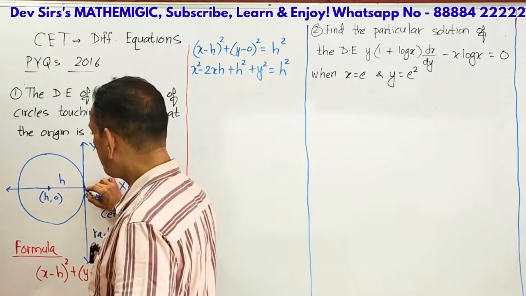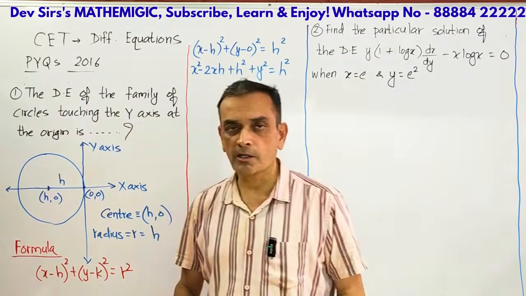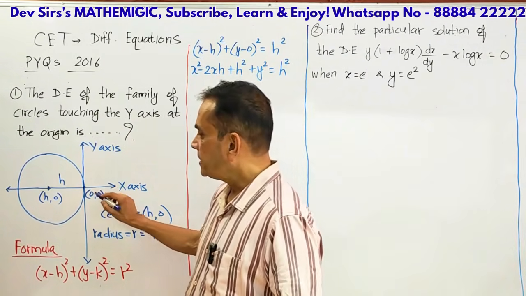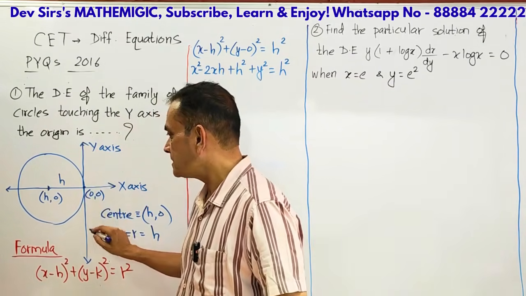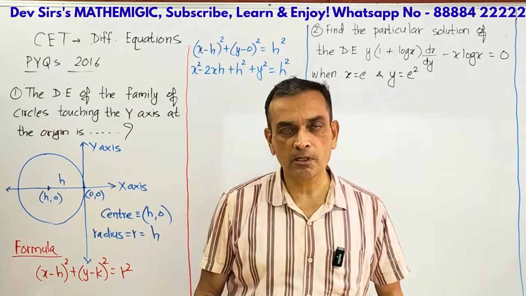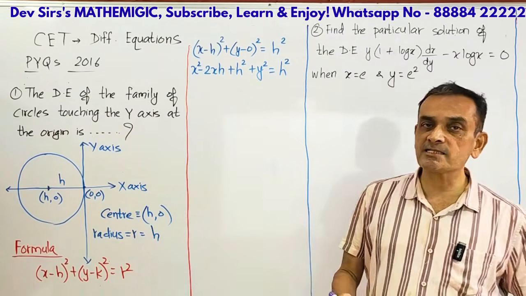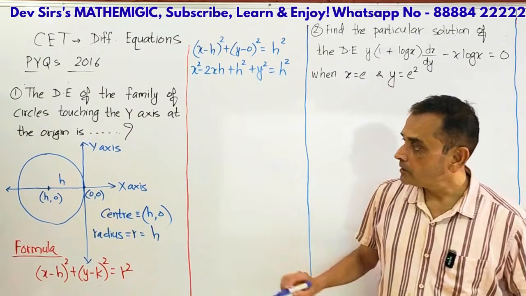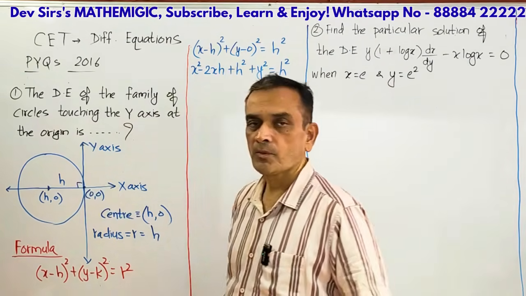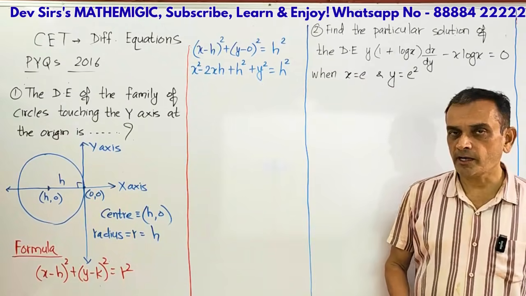That means origin is the point of contact. Clear? Now naturally if this is the y-axis, x-axis will also pass through the origin, because both x and y-axis intersect at the origin. So x-axis is perpendicular to y-axis.